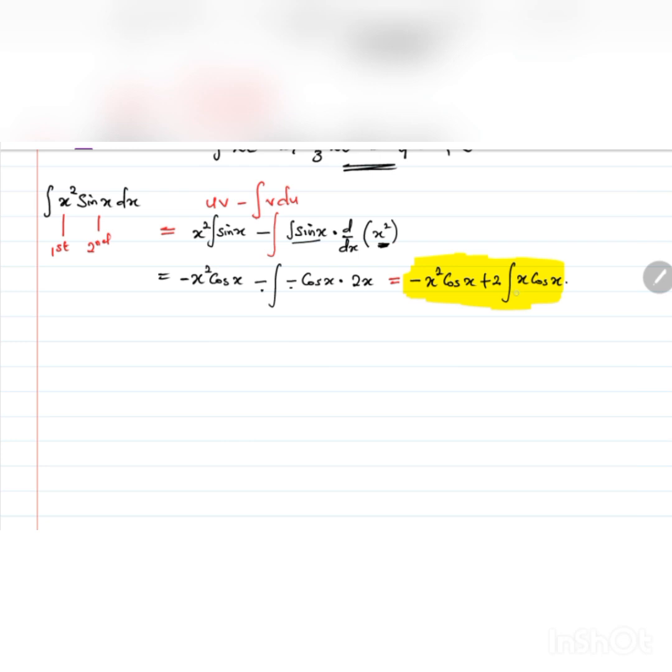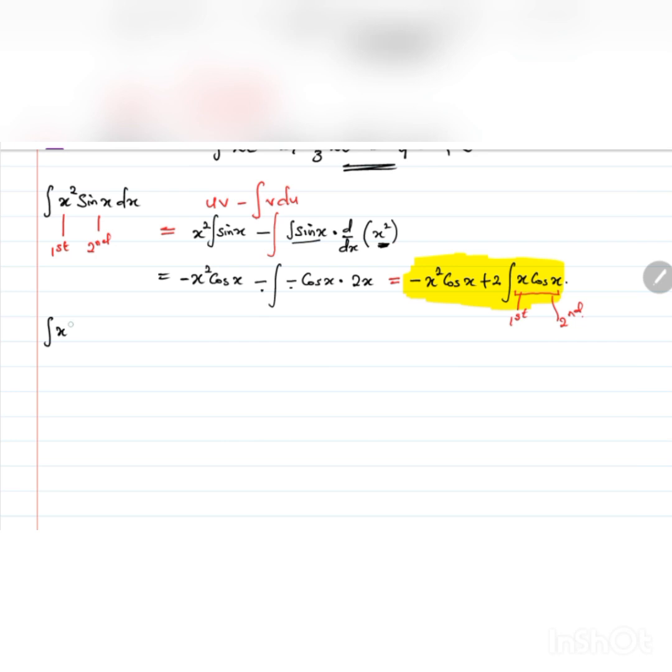Integrating this part, I realize it is integration by parts again because it involves two functions multiplying each other. So I can call this the first one and this the second one.